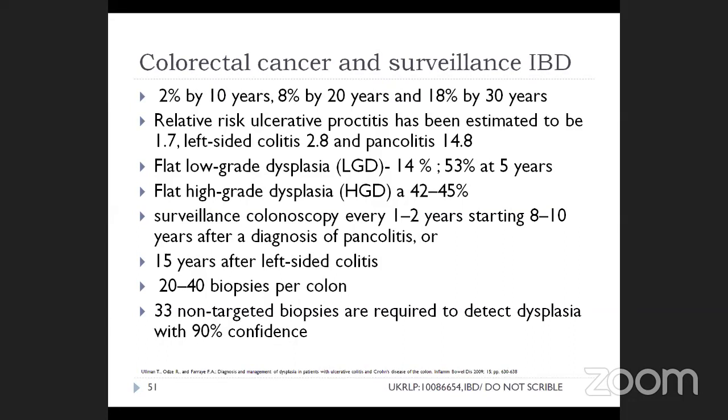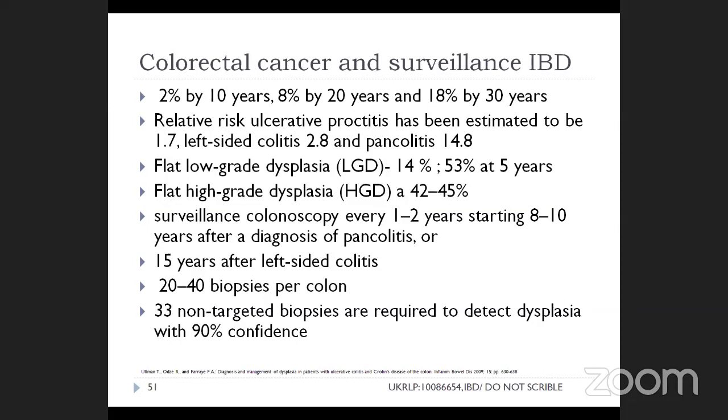Surveillance endoscopy is needed every 1 to 2 years after the diagnosis of pancolitis with ulcerative colitis, and this helps us pick up colorectal malignancy in ulcerative colitis.